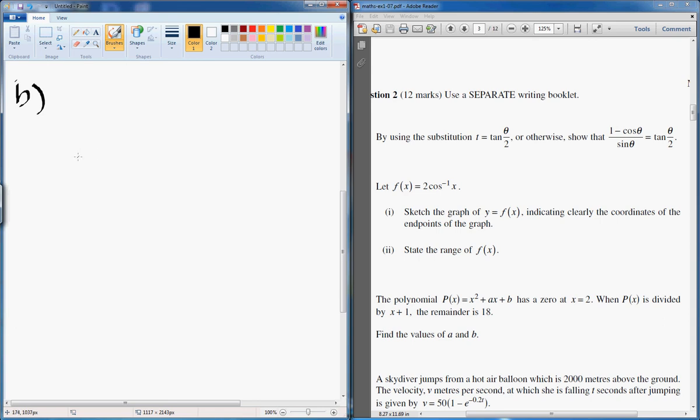So this is not cos x, it's cos inverse x. If I'm taking inverse cos of something, that number has to be between 1 and minus 1. So x, when I draw the axes, draw in red, x is going to be between minus 1 and 1, right? And that's it.